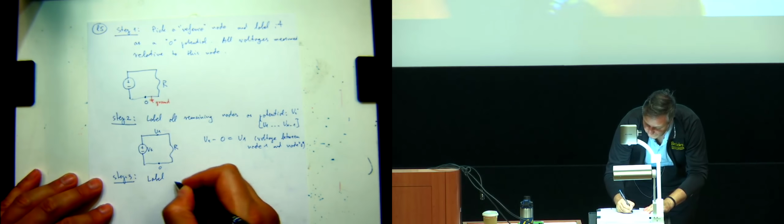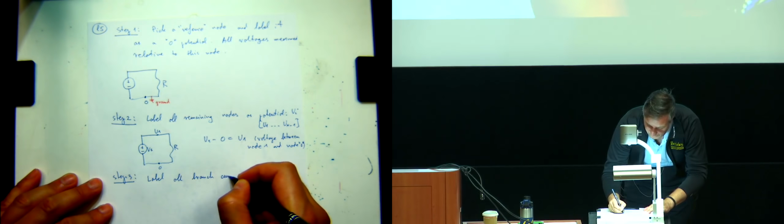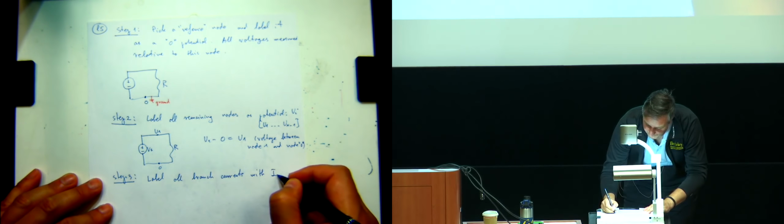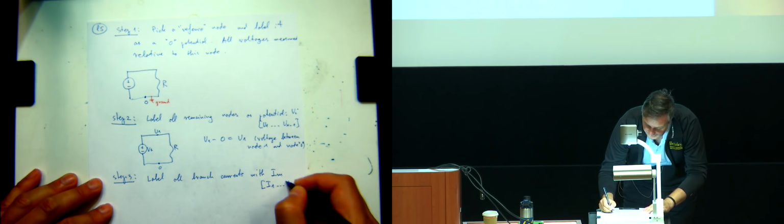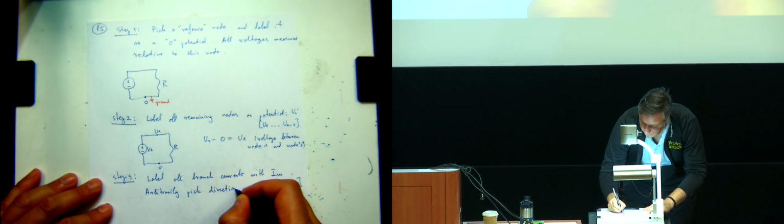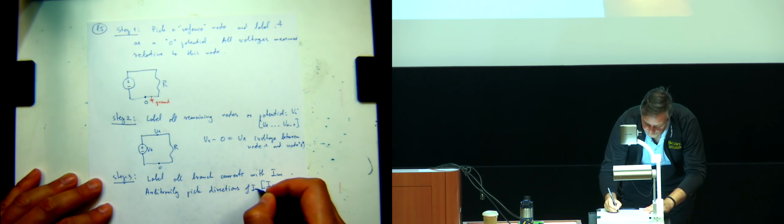Step 3. Label all branch currents Im, let's say I1 through Ik. Arbitrarily pick directions of Im.